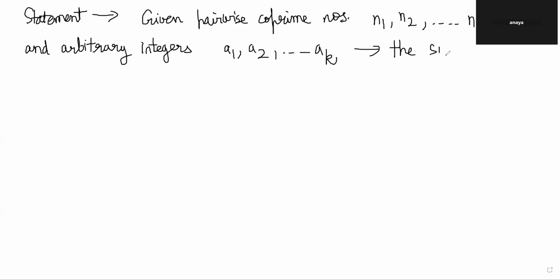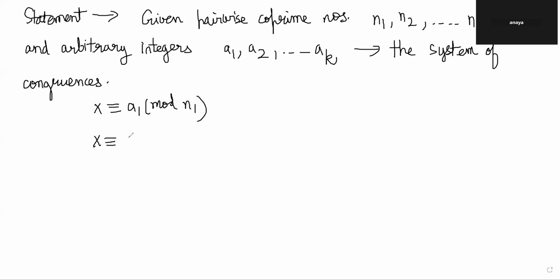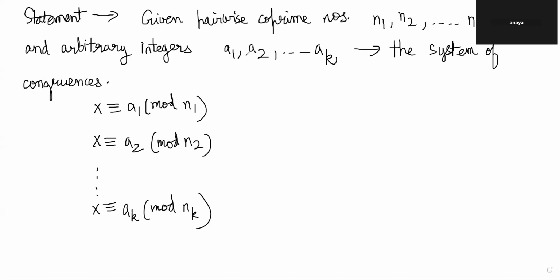The system of congruences x is congruent to a1 mod n1, x is congruent to a2 mod n2, and like this x is congruent to ak mod nk. Notice that the theorem is applying to pairwise coprime numbers.